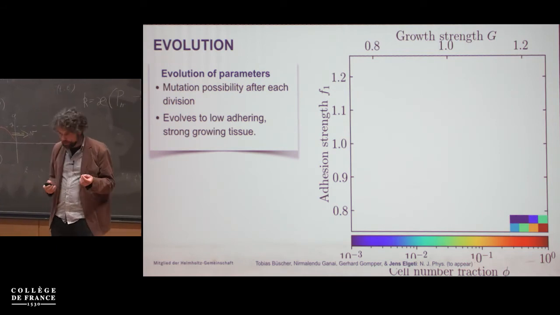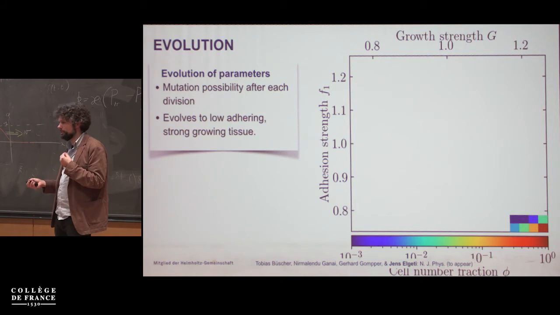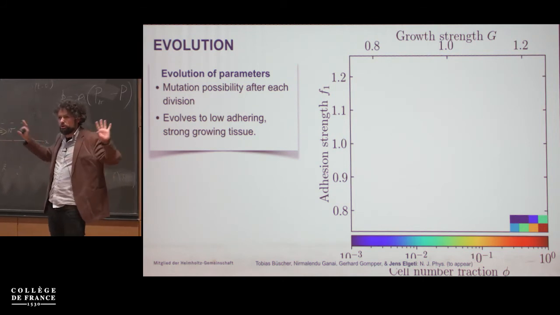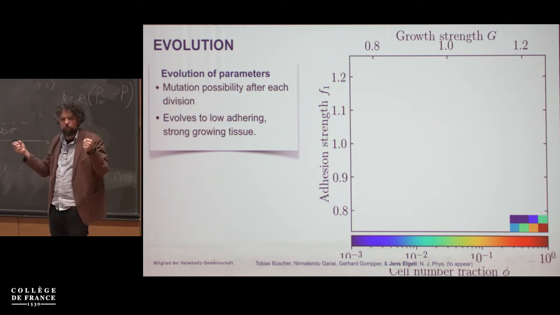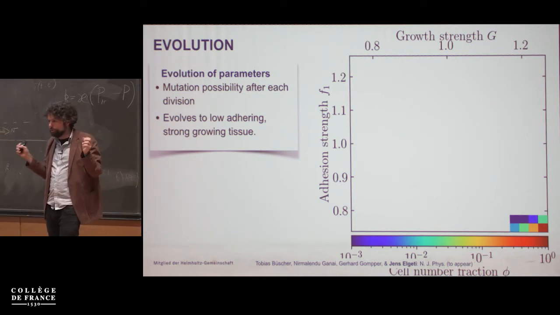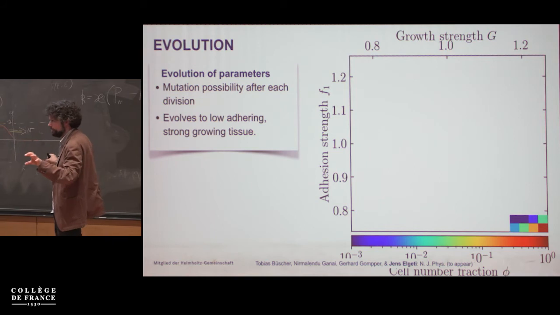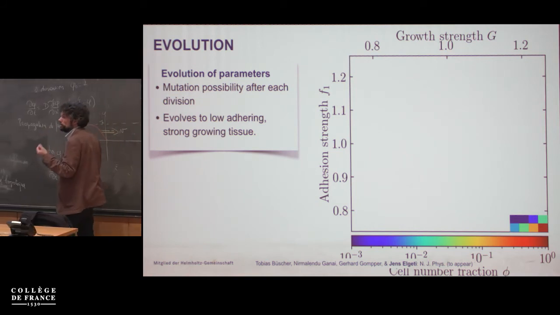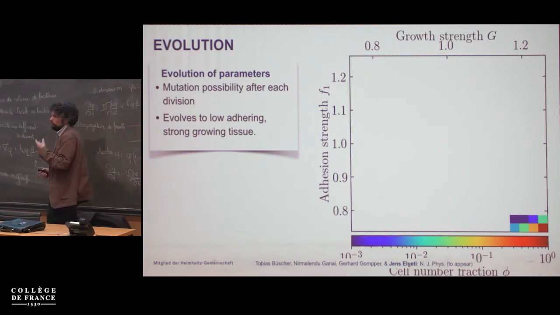But what if these things come at a cost? Let's say growing stronger also makes you stick more. Or if you want to stick to your neighbors less, that costs you strength and growth. This is motivated by the cadherin biology.